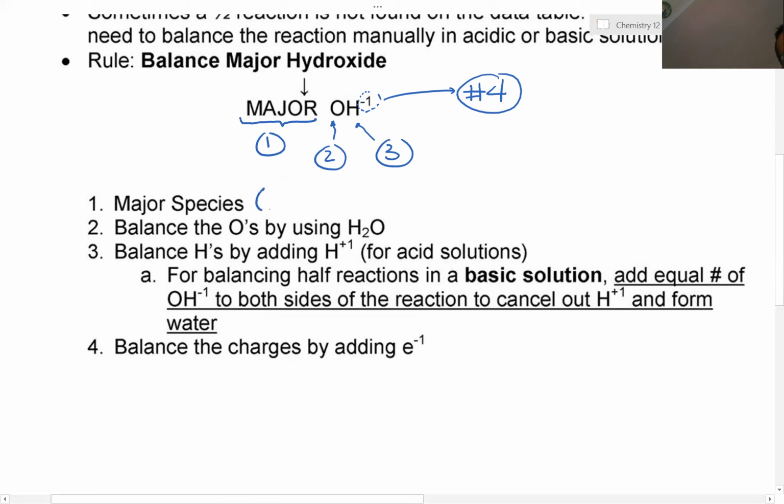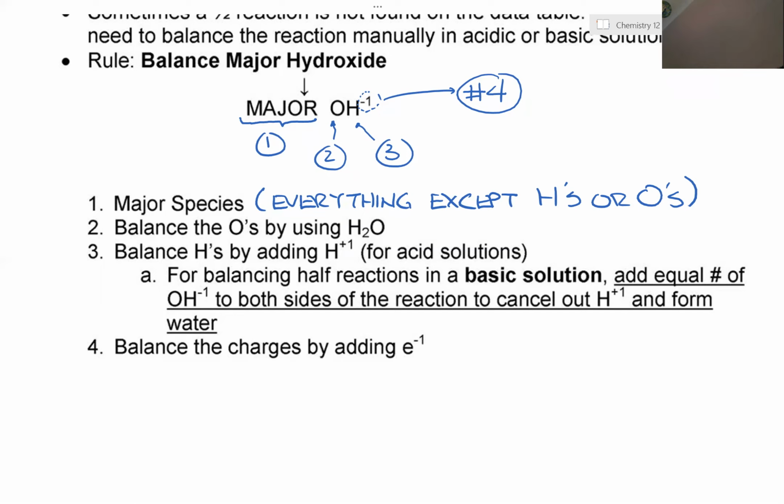Now, the major species is everything except hydrogens or oxygens. Why is it balancing everything except hydrogens and oxygens?